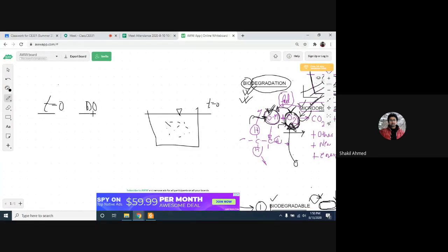At time t equal to 0, at initial condition, there was no organic matter. So, for example, DO was healthy, 8 milligram per liter at time t equal to 0. Now you add organic matter.